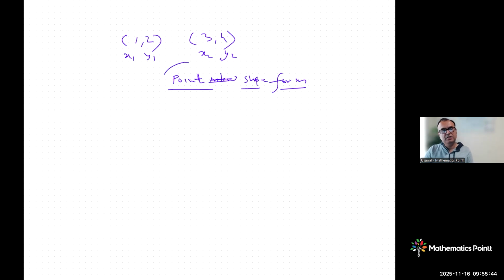I calculated my slope to be 1 on the previous page. So there is another format of the straight line. It is called y minus y1 equals to m times x minus x1.